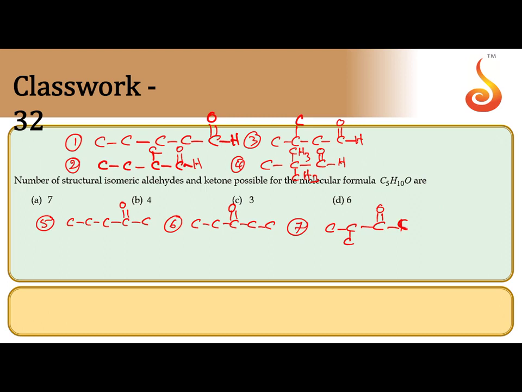One, two, three, 3-methyl butanone 2. So total number, these all have aldehyde and keto groups. 4 aldehydes and 3 ketones, total 7. A is the correct answer.